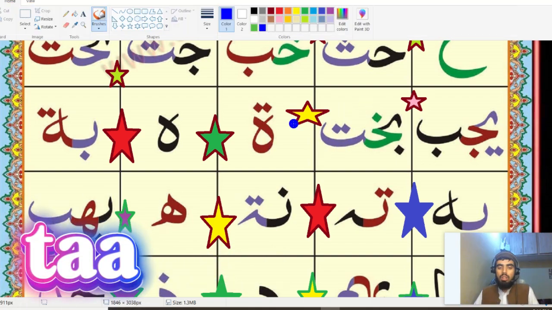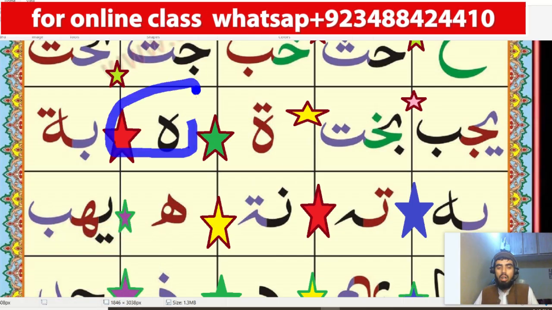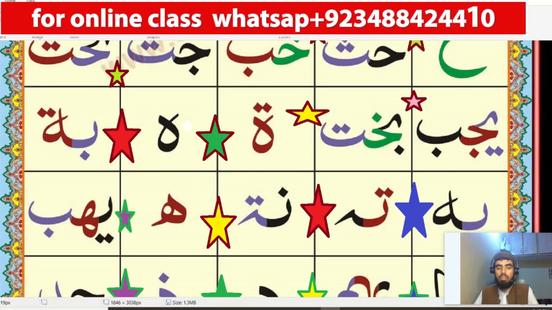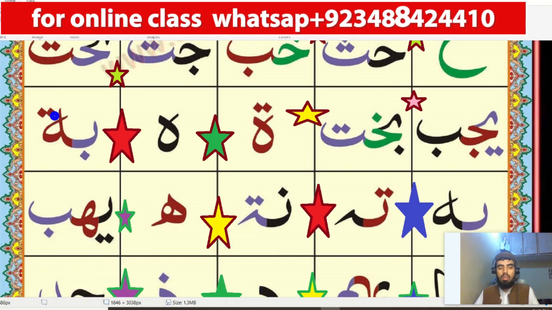Next ta, and that is sarkalita, and after this ha, and the sarkalita has two dots on the top, and next tha, next ha, and the ha letter is like this without dot. Next ba ta, the first letter ba letter and the second one ta letter, and the ta letter has two dots on the top, and that is sarkalita.